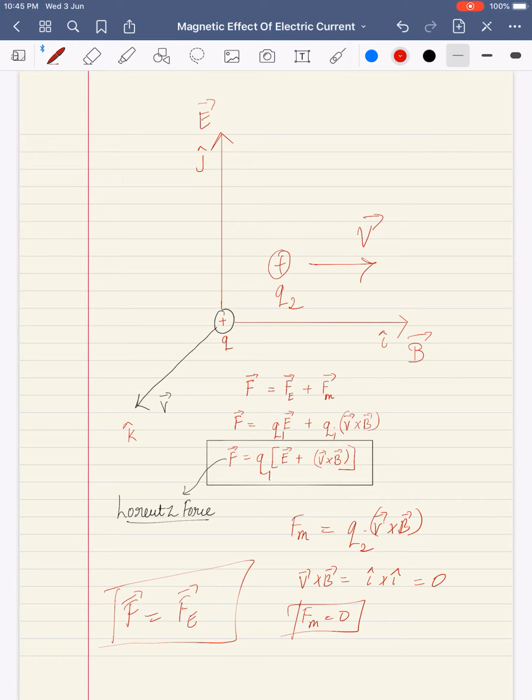Okay. So when it experiences a force, the direction of the force is given by the vector cross product. Continuously, when the charge is experiencing an addition of force, it gets accelerated.